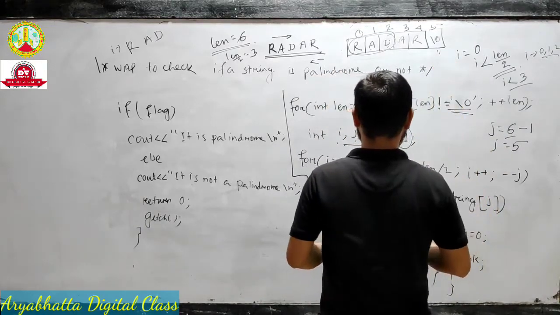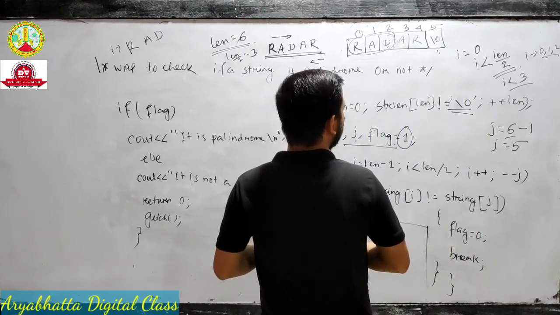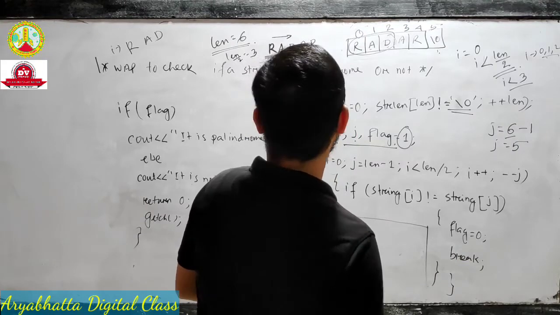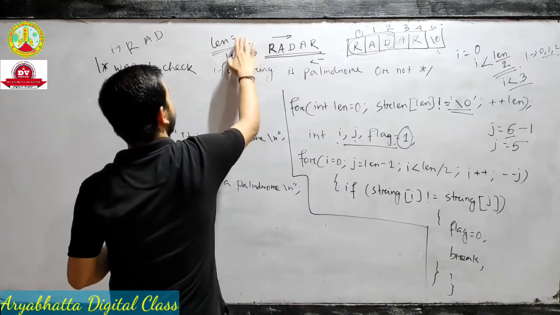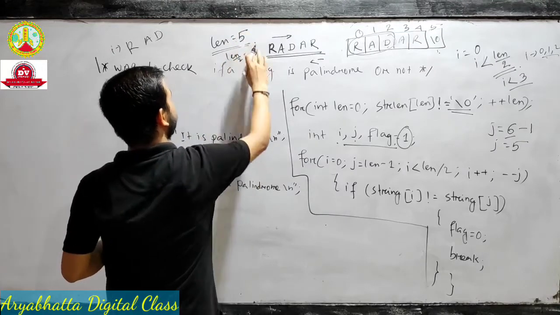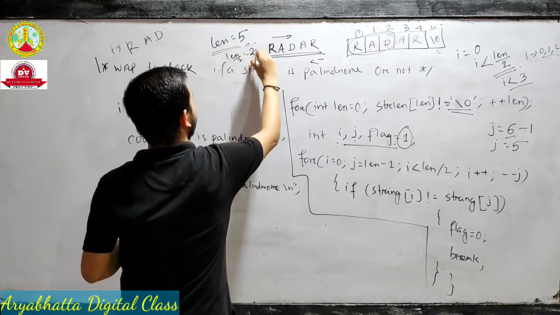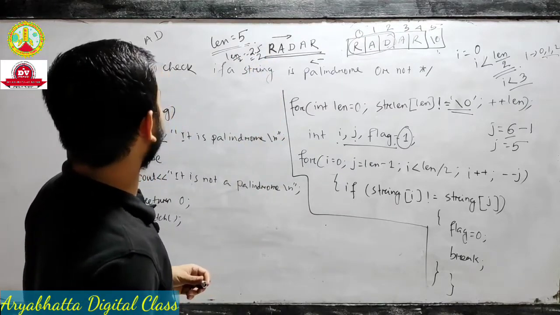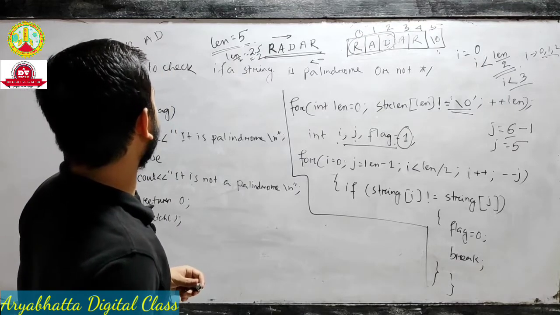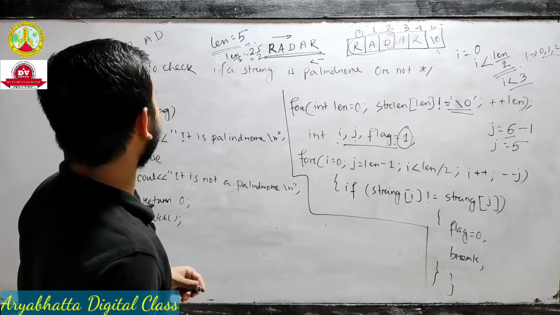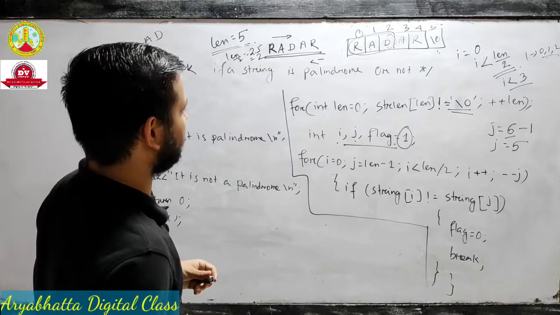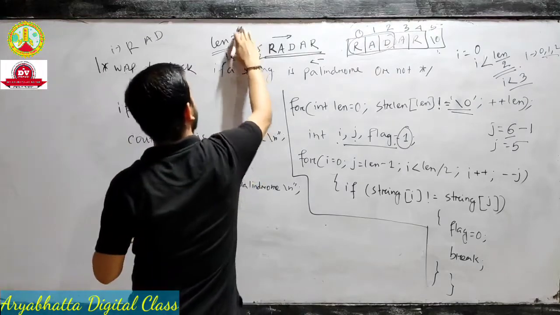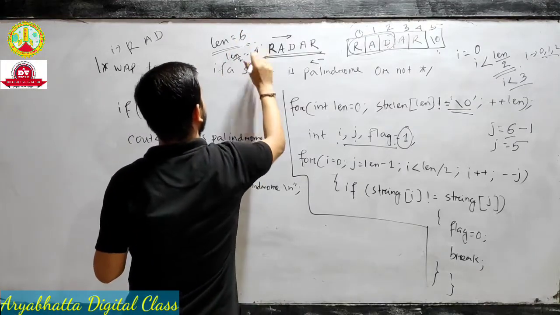Also you can write it like this: 2.5 means you can take it as 3. Also you can write it like this, you just take it as 6, and 3.